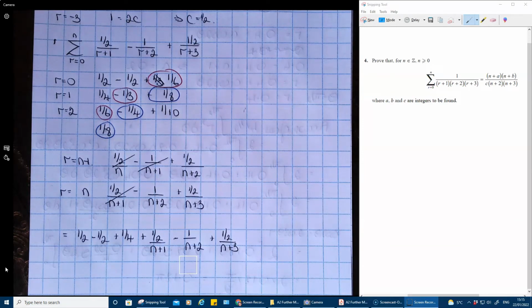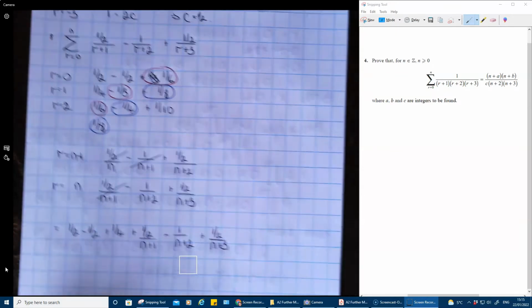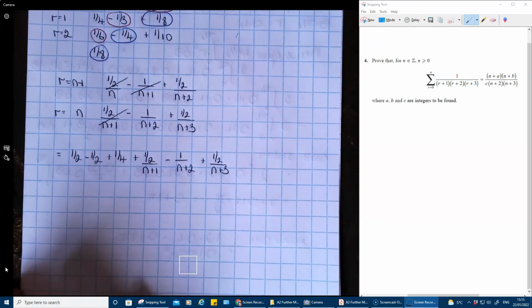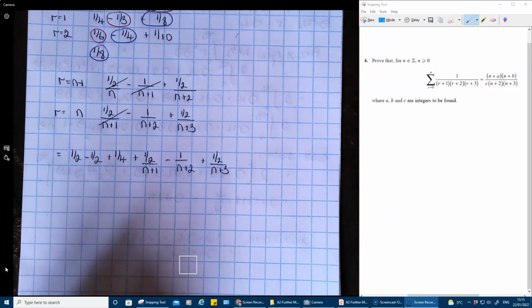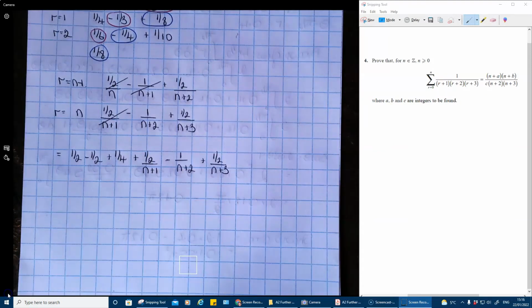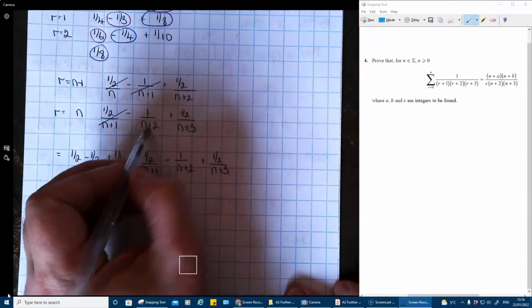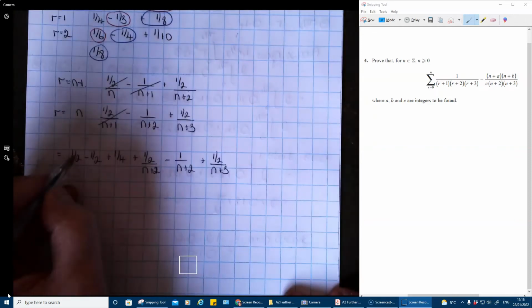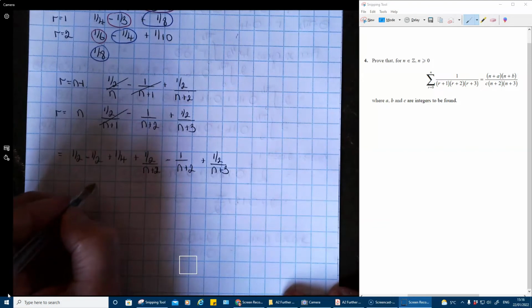Now I need to look at how to simplify that. So I made a mistake. This is n plus 2 here, so this should be n plus 2. Okay, so half take away half plus a quarter is a quarter.